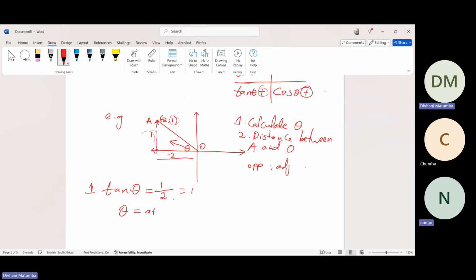And then the angle will be tan inverse of 0.5, or you can use tan to the power of -1, 0.5. So what do you get? It's 26.6 degrees.